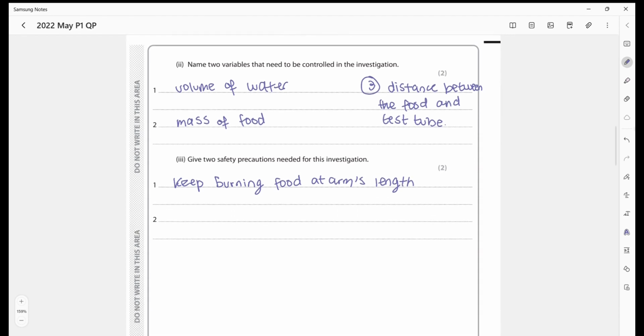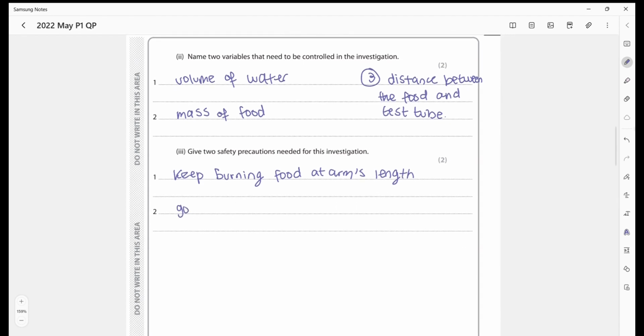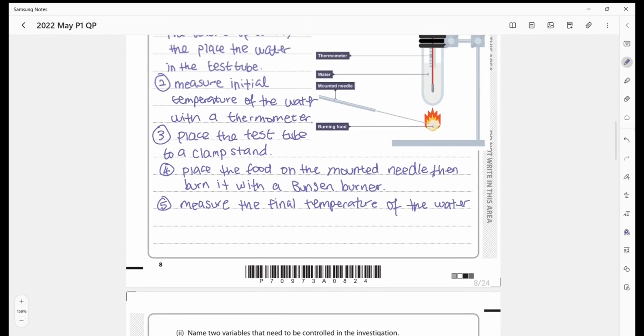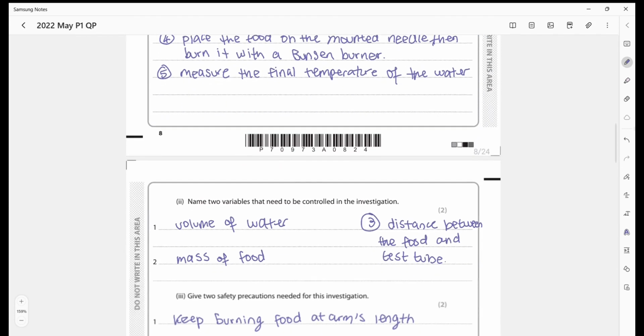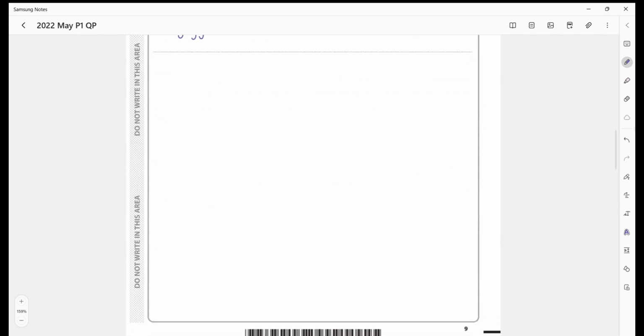You also want to make sure that you wear goggles for this experiment. Another thing that you can also add is make sure you don't ingest the food. You shouldn't be ingesting the food in the lab to begin with.